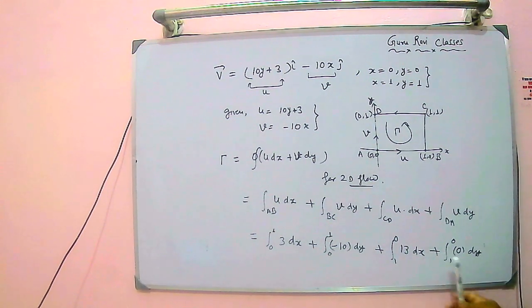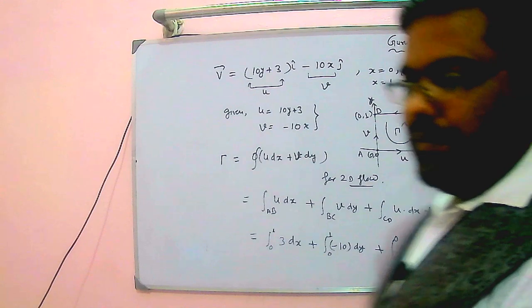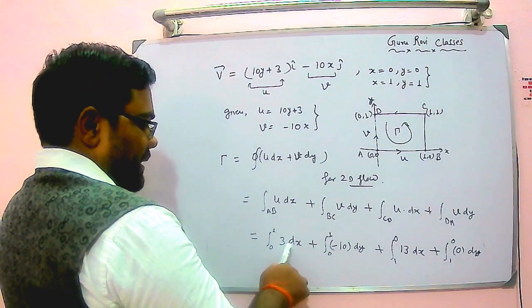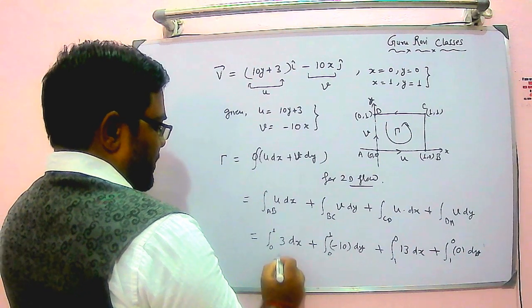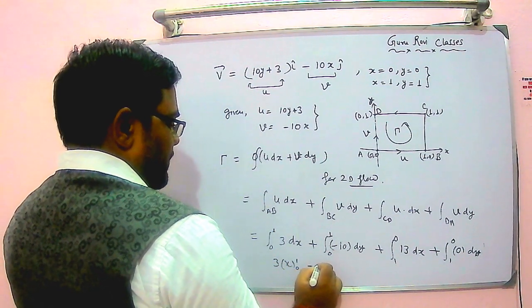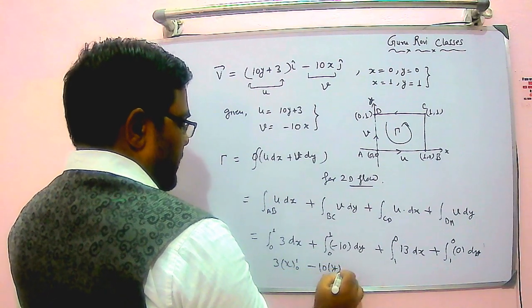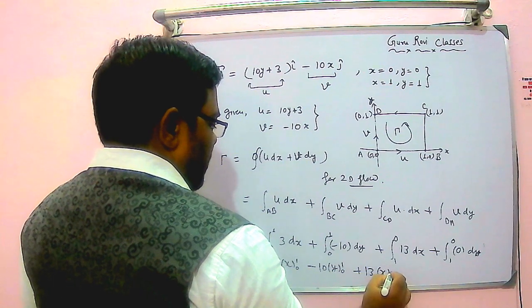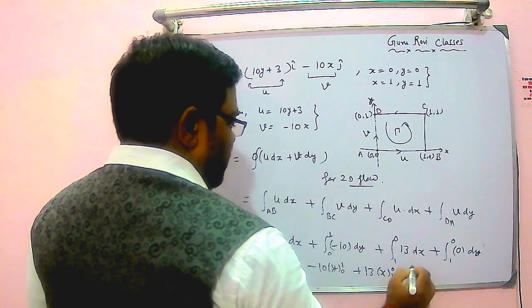1, 2, 3 and 4, and you will get the answer. So integrate one by one. So this became 3x, so 3 into x, x from 0 to 1. This becomes 10y, 0 to 1. This becomes again 13x, 1 to 0. This is becoming 0.